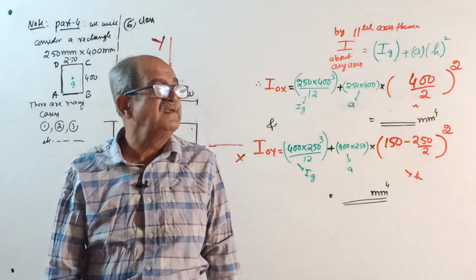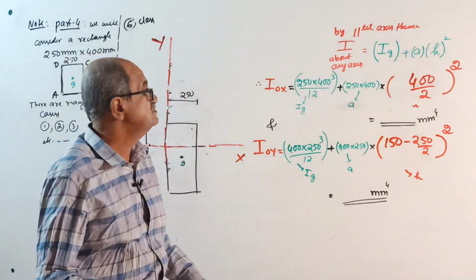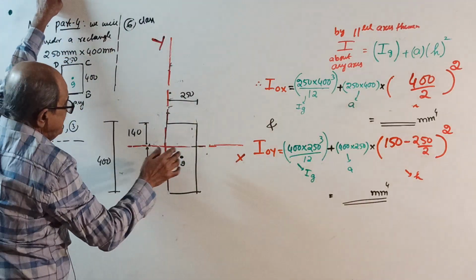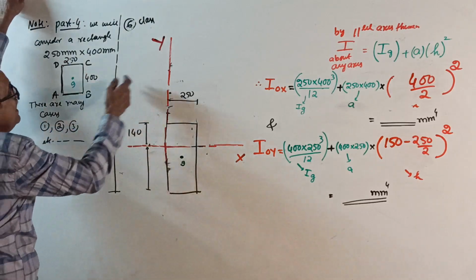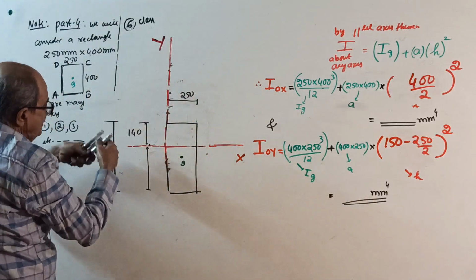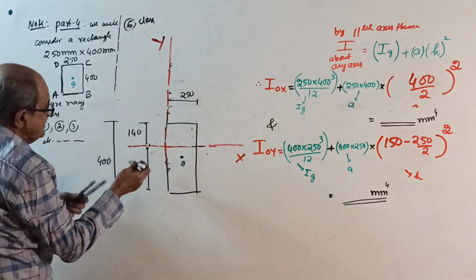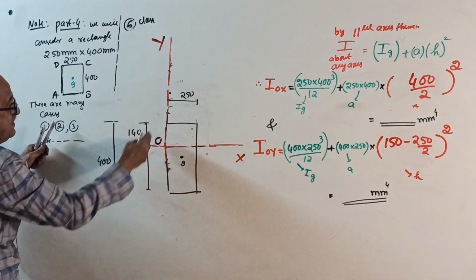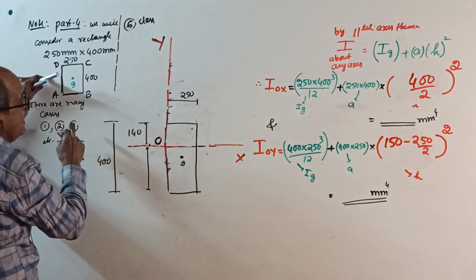Write the sixth case. Now the light is a little more bright. Question, sixth, class. How it is placed: your side AD touches OY. See, 400 touches OY.